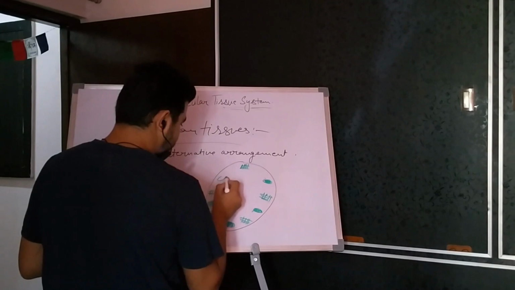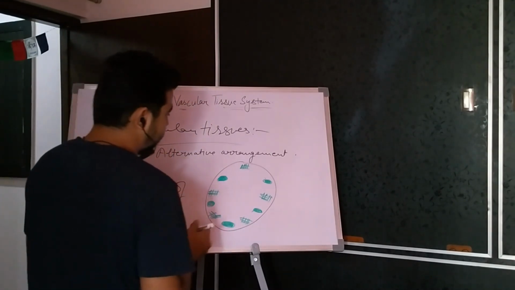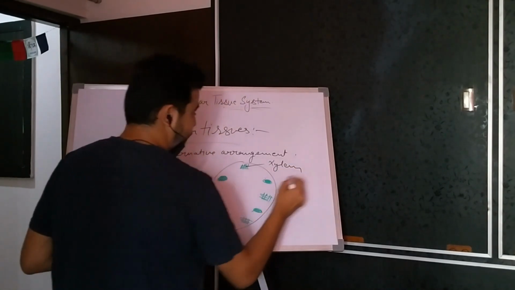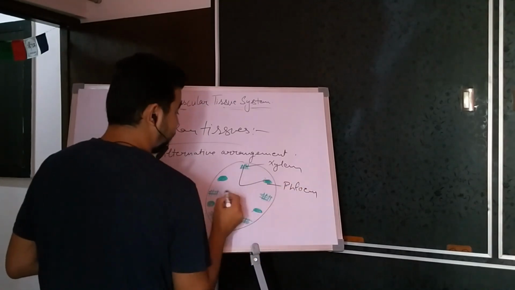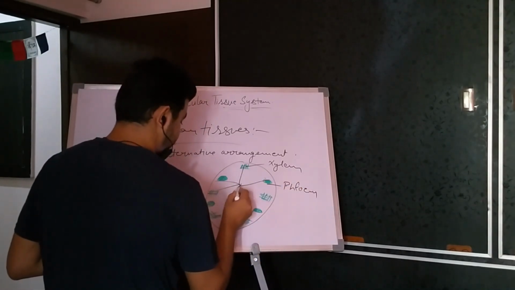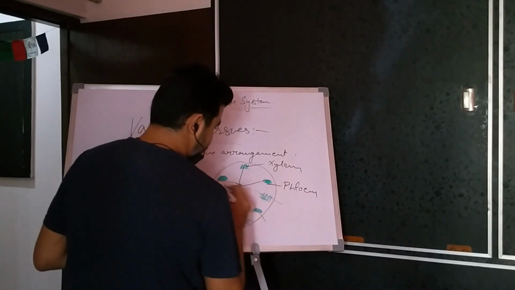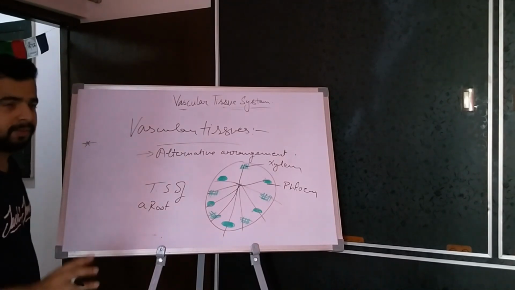And one more thing which we can observe here is that each xylem and phloem are at different radii. So what two characteristic features did we find here?